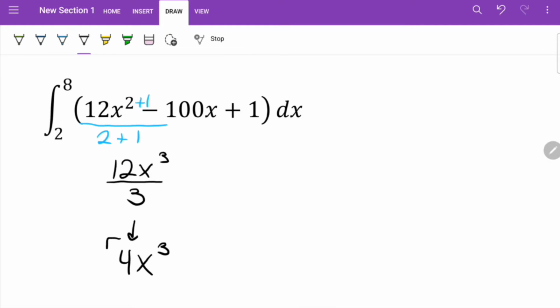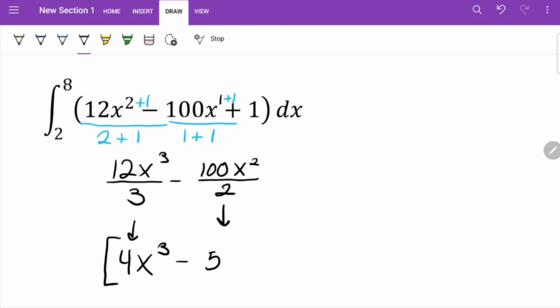I'm going to put a bracket right here. Now we're going to do the same thing for 100x. There is an invisible 1, so we're going to add 1 to the exponent and divide by 1 plus 1. It's going to be minus 100x squared over 2, and that reduces to 50x squared.